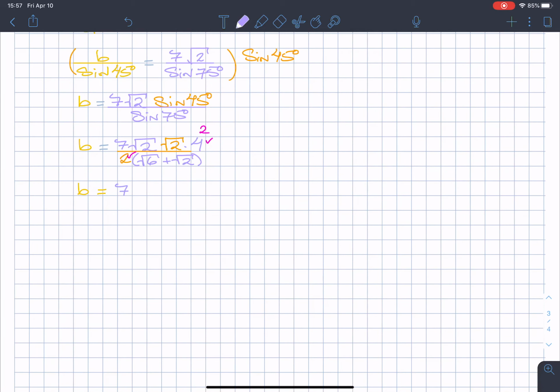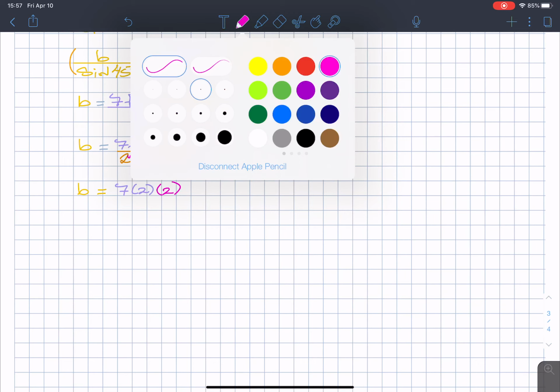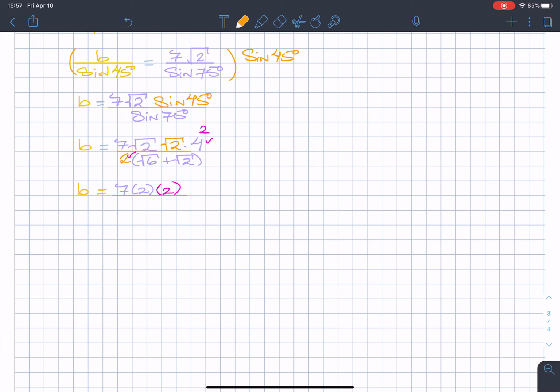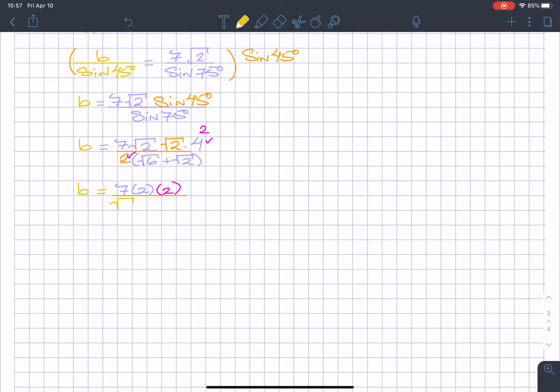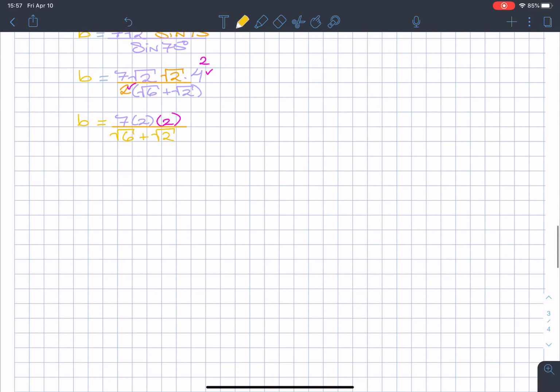Well, the square root of 2 times the square root of 2 is 2, times 2, all over the square root of 6 plus the square root of 2, which gives us B, little side B, is 28 divided by the square root of 6 plus the square root of 2.